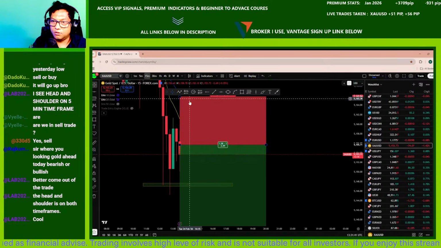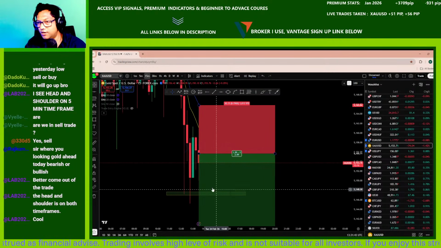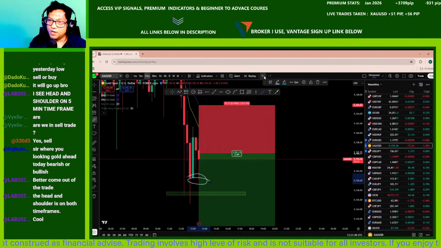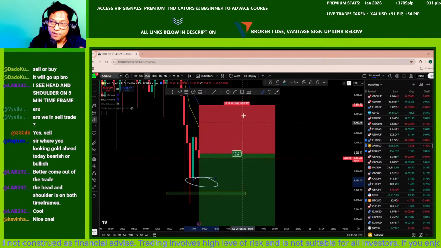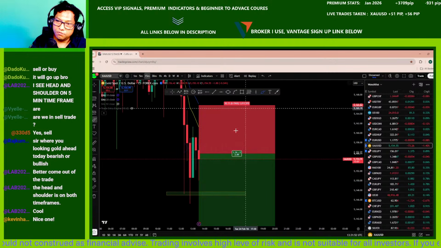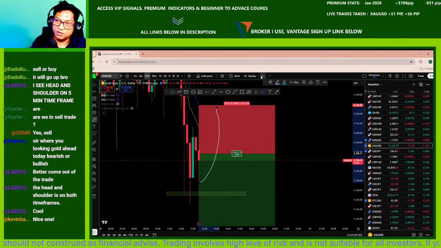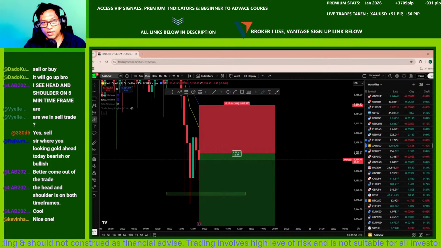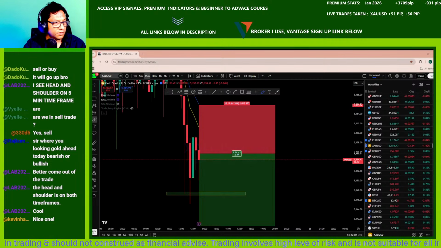Now, if you look at it, it has come to this gap open here, and because it has come to the gap open, the market may eventually come back here, and that is what we are looking at in that market here, right?